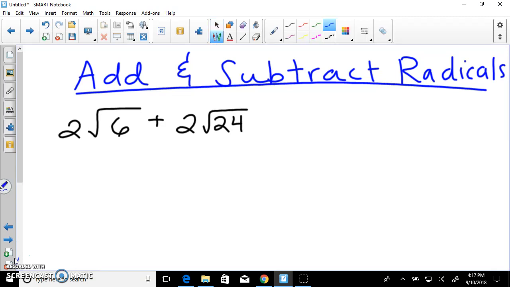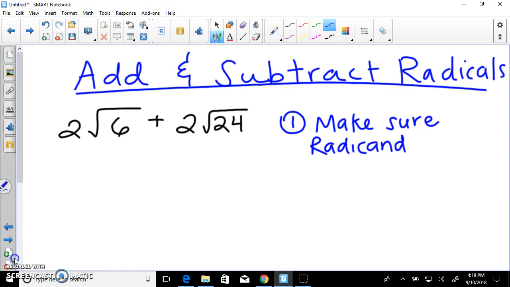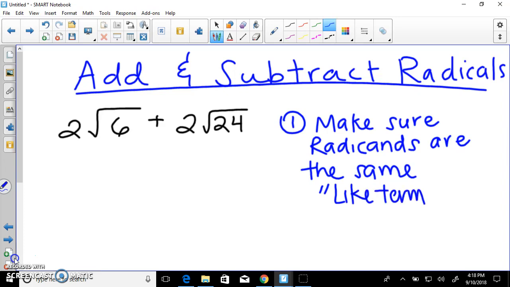So the first thing we have to do, step 1, is make sure radicands are the same. Okay, we call these like terms. Now, remember when I say radicands, I'm talking about the numbers underneath the radical symbol.